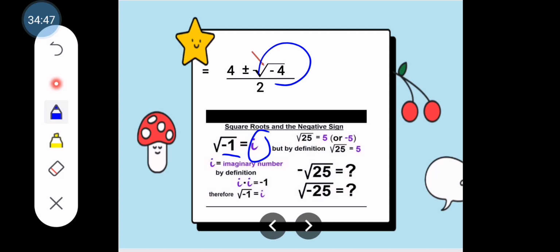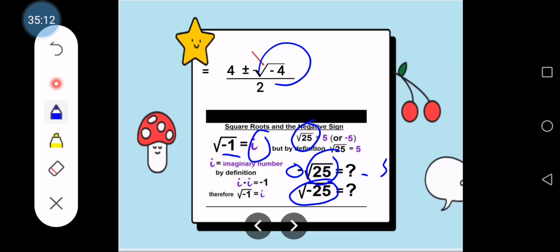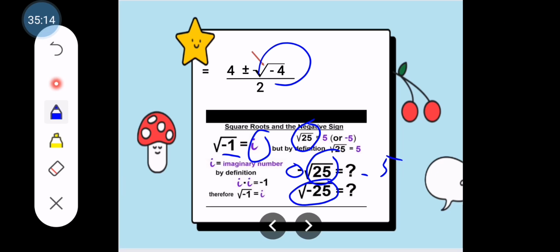Ayan. So, ano bang pagkakaiba ng square root of 25 sa square root of negative 25 at negative square root of 25? Ayan. Kapag square root of 25 positive, so automatic, ang roots niyan, it's either positive or negative 5. Pero kapag negative naman, nasa labas, positive ang sa loob, so ang magiging result po niyan is negative 5 or positive 5.